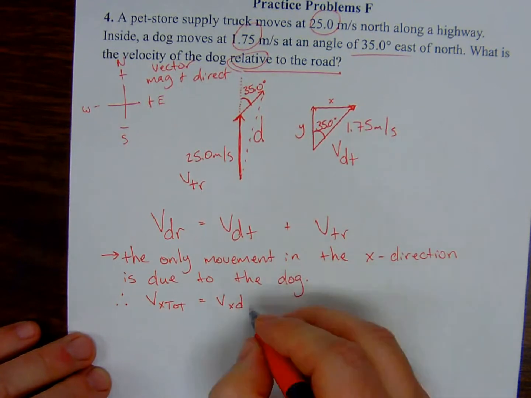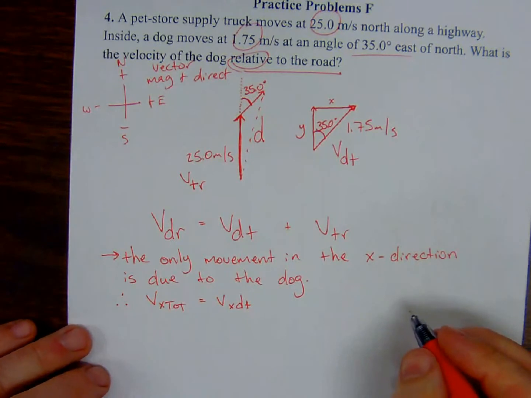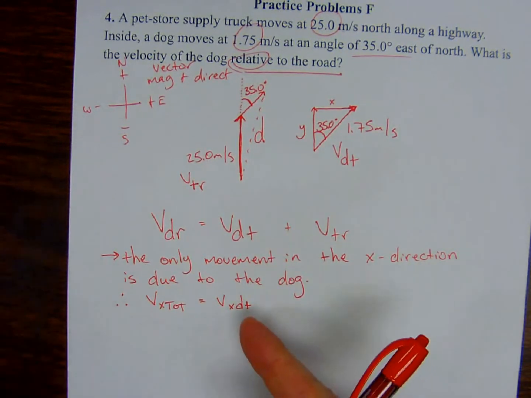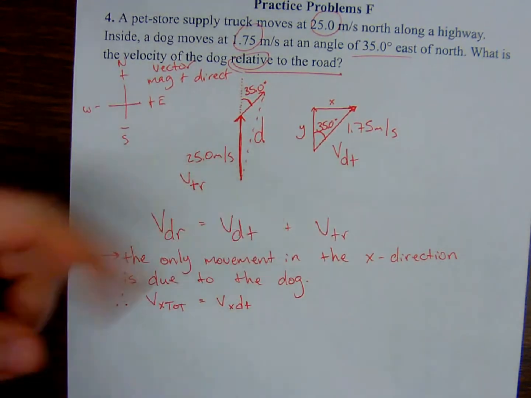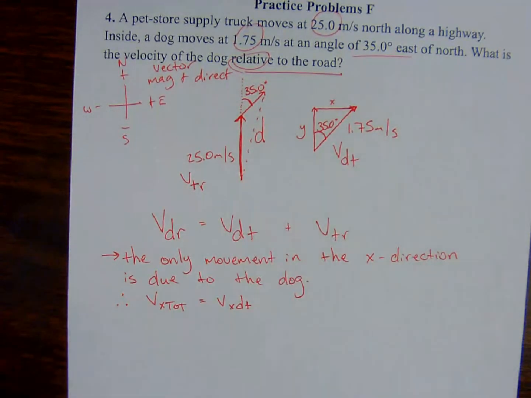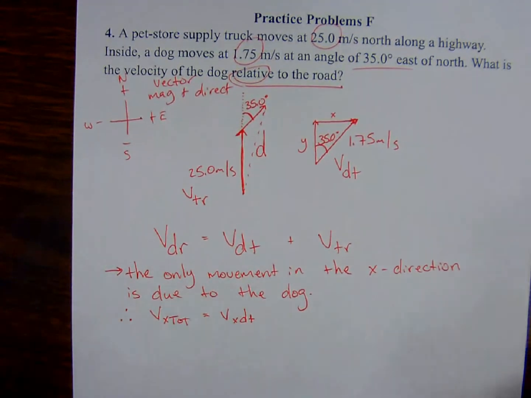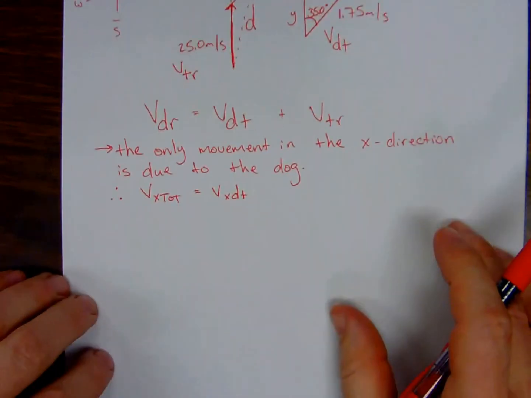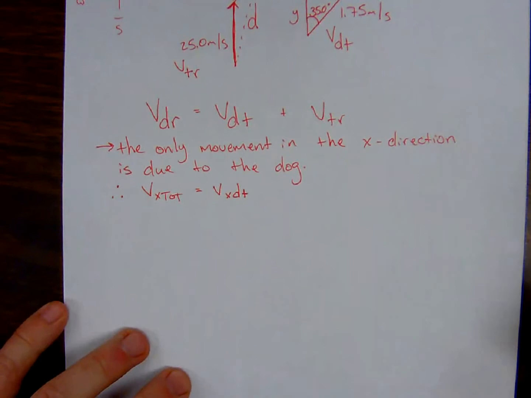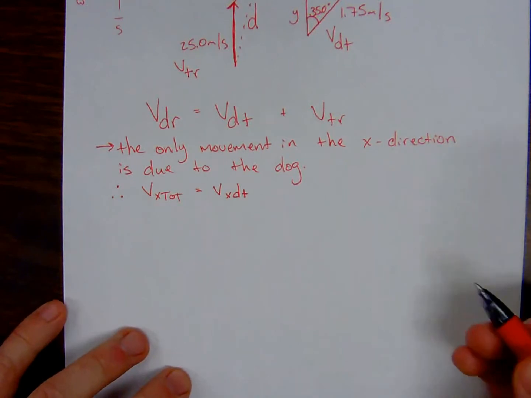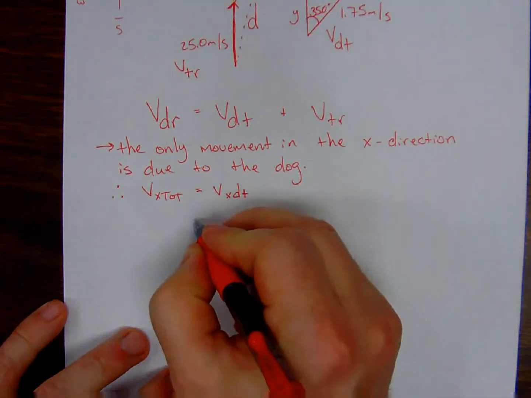So we can solve this with 1.75 meters per second, but we have to take the sine of the angle, because we only want the opposite side. Here's the angle, 35 degrees.